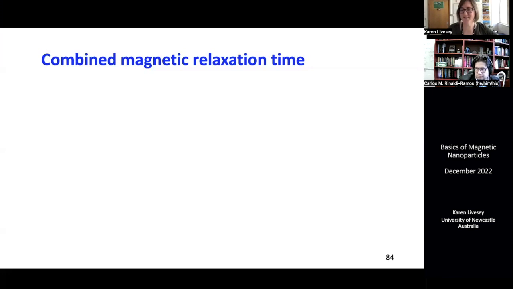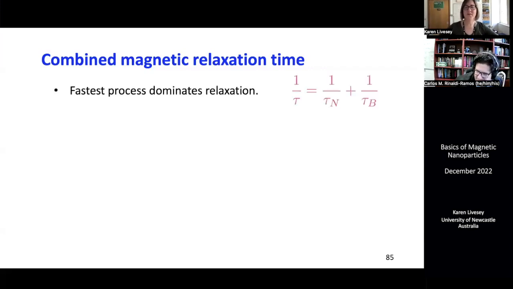I think, again, that sort of resonates with our lived experience. If the train doesn't come for 12 hours, but the bus comes in 3 minutes, the bus is more important to me. That is my travel time, okay? And so that, I think, helps explain this formula here, which says that our total relaxation time, tau, is a combination of the Néel relaxation time, tau sub n, and the Brownian relaxation time, tau sub b, but we add them reciprocally.